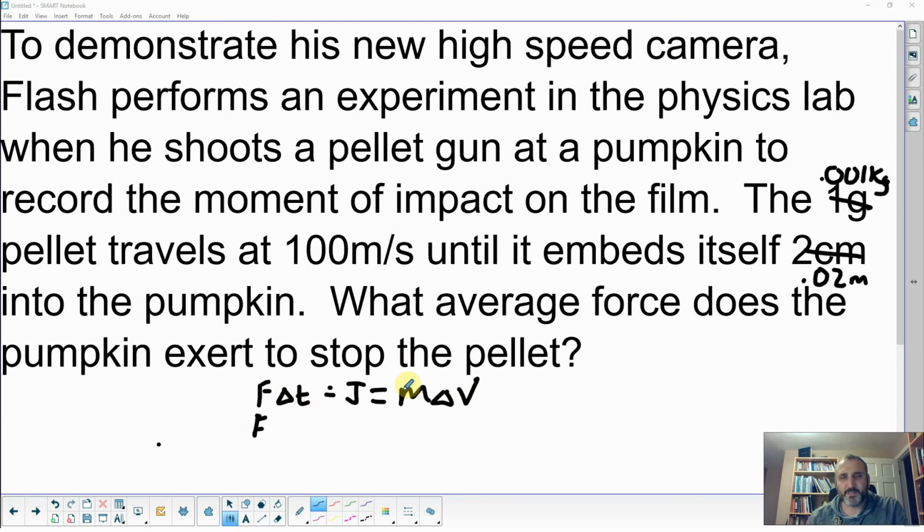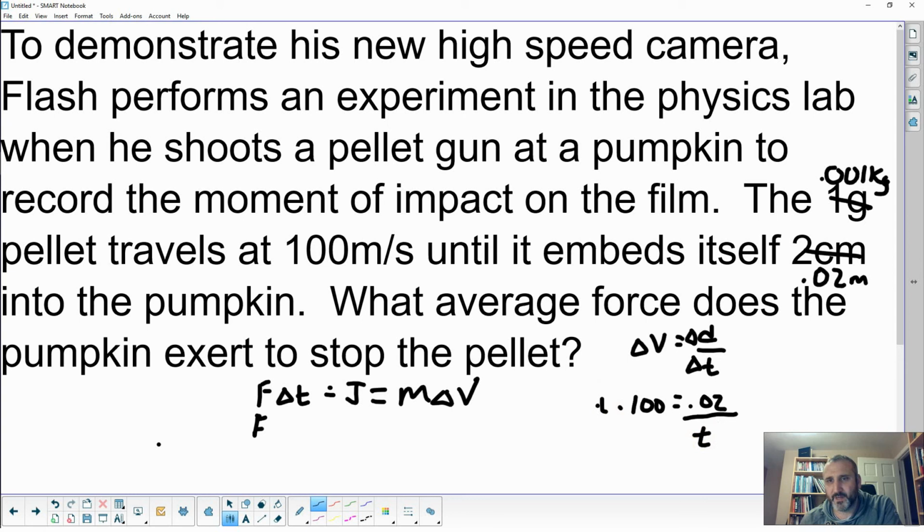So to figure out the time, we have to remember something that goes all the way back to kinematics, which is velocity. Velocity is distance over time. And therefore the change in velocity is the change in distance over the change in time. This is old school. Anyway, so change in velocity is going to be negative 100 meters per second, and the change in distance is going to be 0.02, and the change in time is what we're looking for.